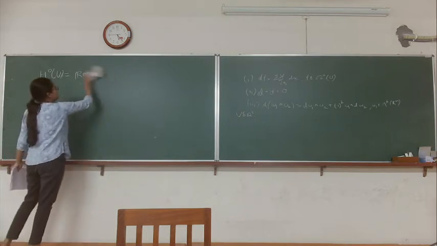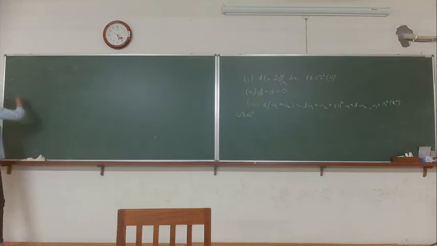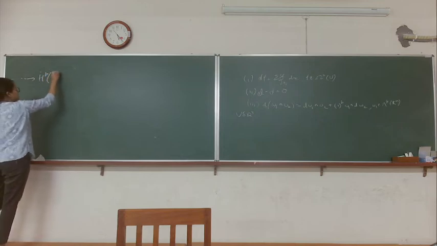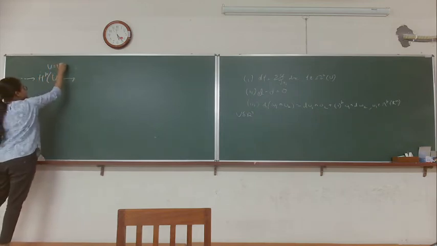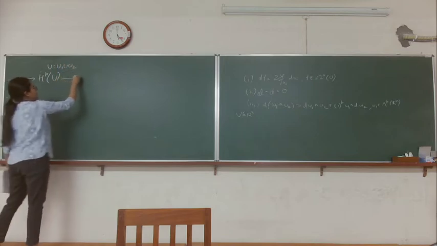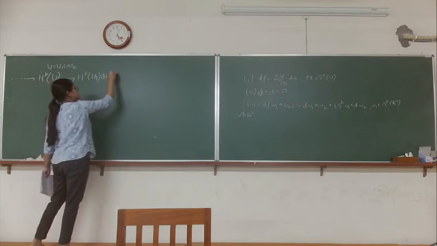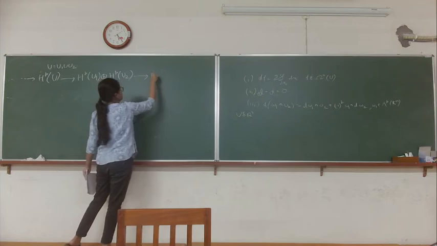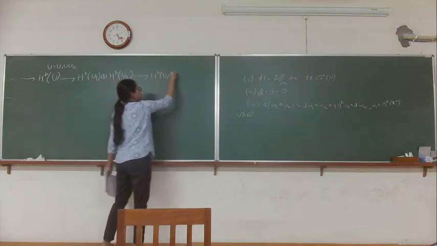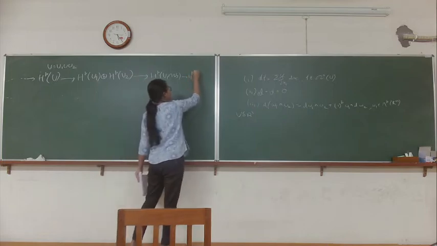So the Mayer-Vietoris sequence is the following long exact sequence: H^p(U), and by U I mean U1 union U2, then H^p(U1) direct sum H^p(U2), then H^p(U1 intersection U2), then H^(p+1)(U).